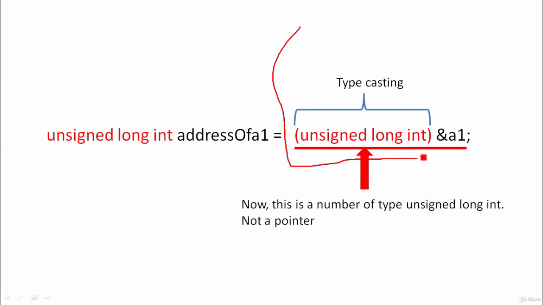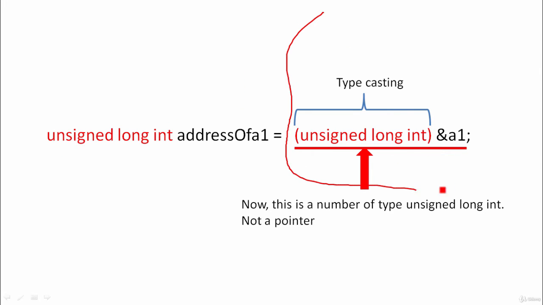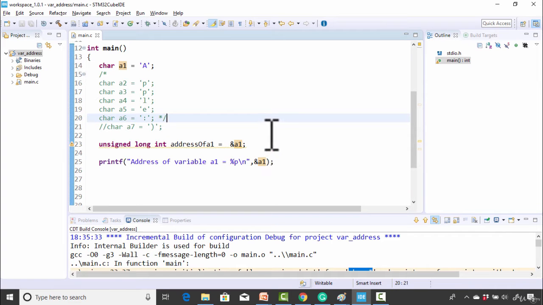This is what we call typecasting. We are converting this entity into unsigned long int type. So now this whole thing is a number. It is just a number. There is no pointer now. So we converted the pointer into a number of unsigned long int. Let's see how the compiler responds to that.